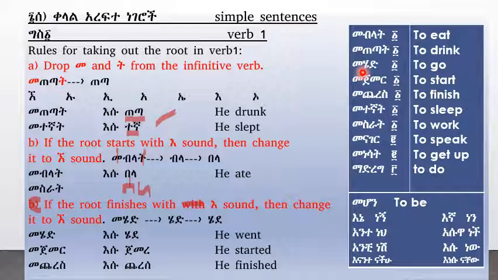You see, if it is "he," it's okay, but if it is a sound, no way. ሰራ is out, ሰራ. Not only that, you have to change ሰ to ሰ.